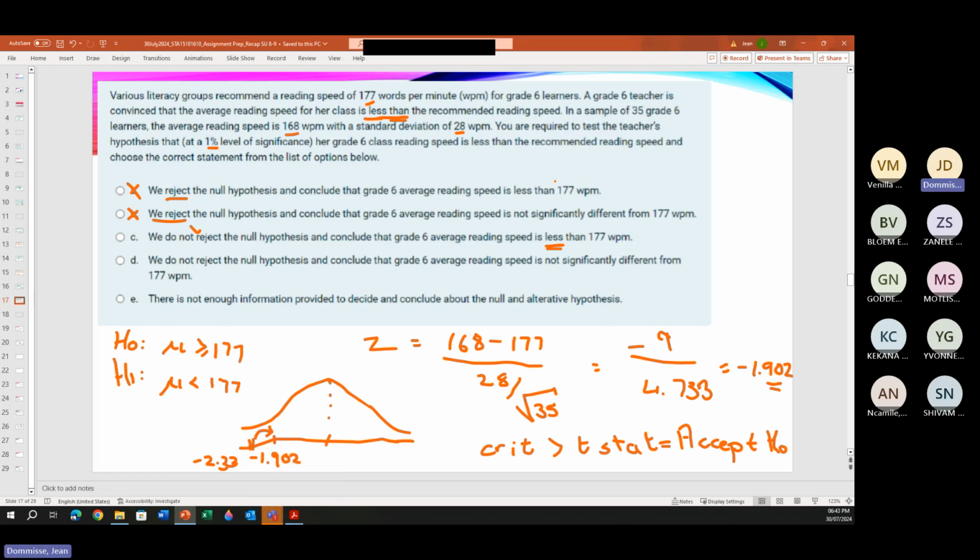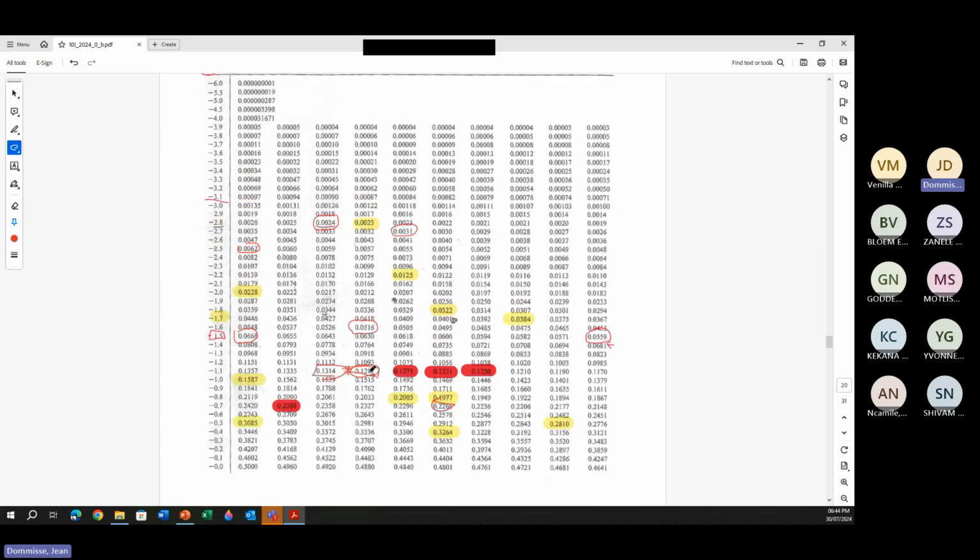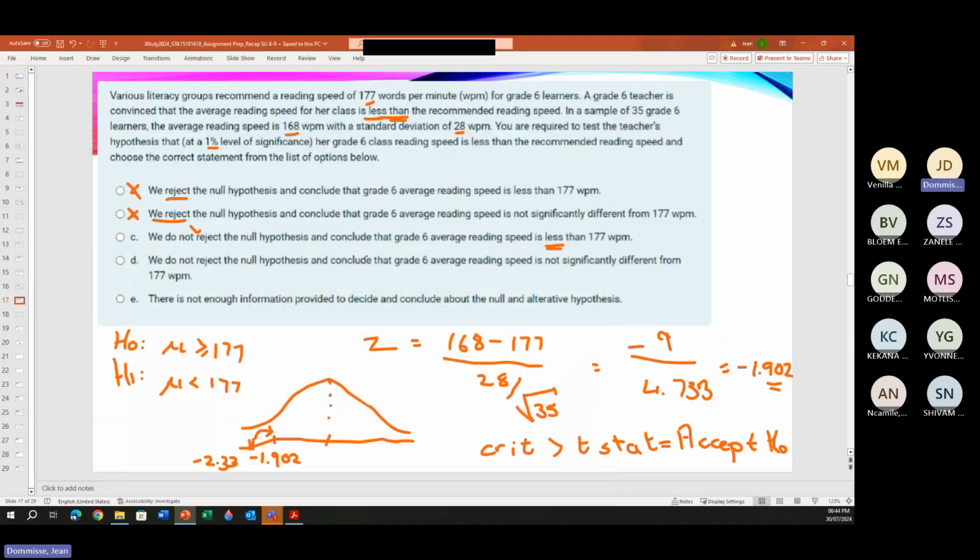We don't know what the standard deviation is, so we're not going to use the Z, we're going to use the T. I think we need to work out the degrees of freedom as well.